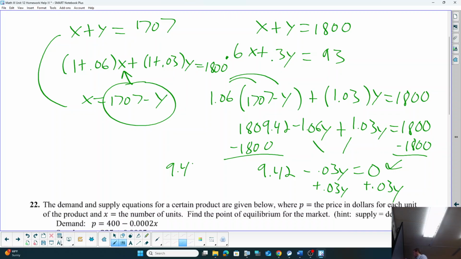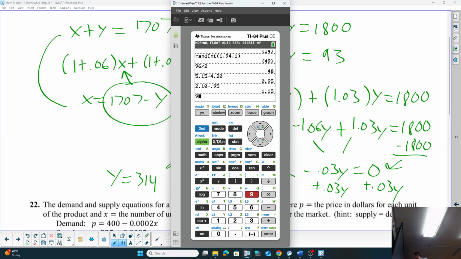So now we have 9.42 is equal to 0.03y. Divide by 0.03 to the other side. And that gives us our y value. So then our y value is going to be 314. Right? 9.42 divided by 0.03. There we go, so 314.